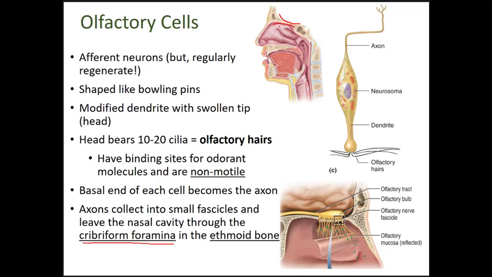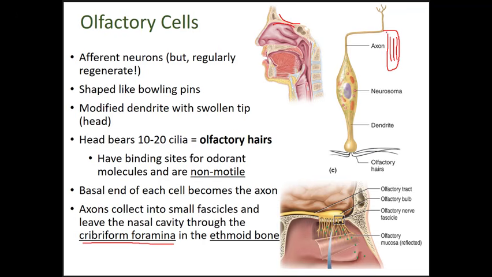Foramina means hole. So there's all these holes that are present here that will allow for the passage of the axons from your olfactory cells. And so what we can envision maybe here is that groups of axons are going to come together, or nerve fibers, just as we know they do, which will form a fascicle.